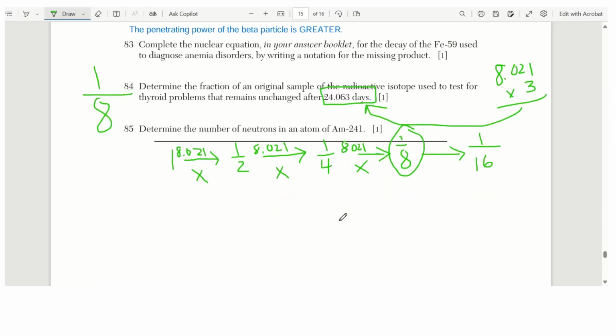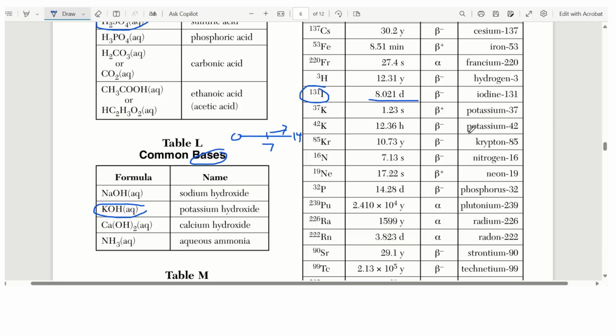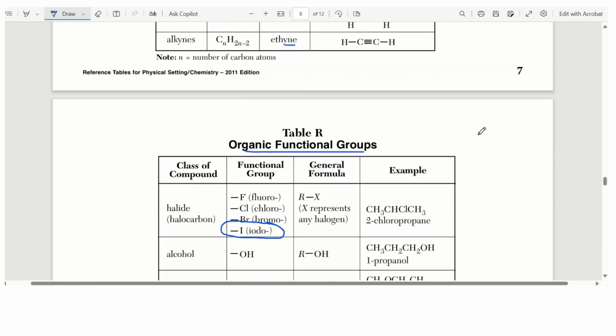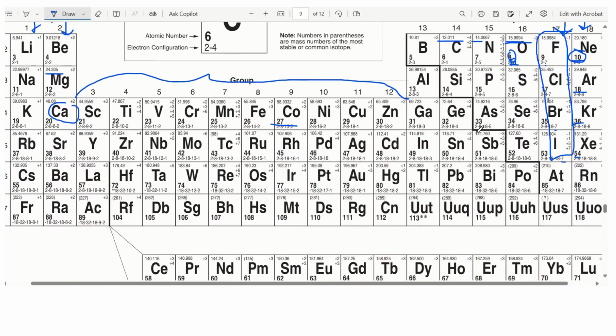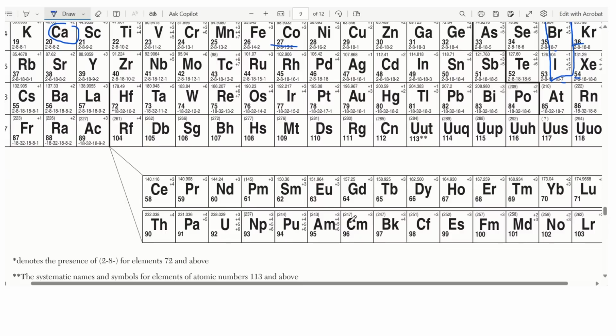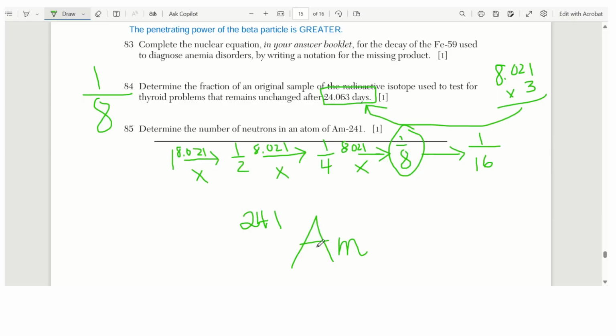And then our last question, finally, determine the number of neutrons in an atom of Am-241. So remember, the 241 goes at the top, but I need the atomic number because I can't do that without the atomic number. So I need to find it. Here it is way down here. There is its atomic number.